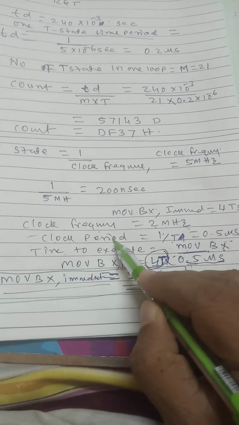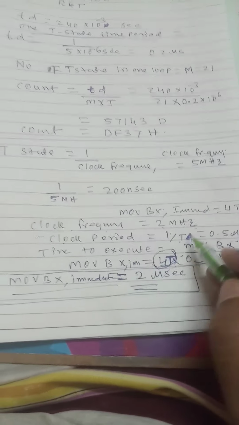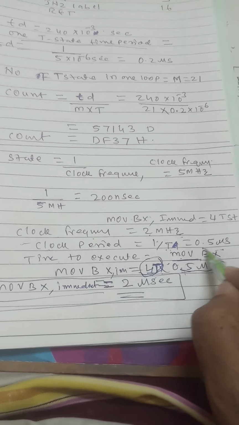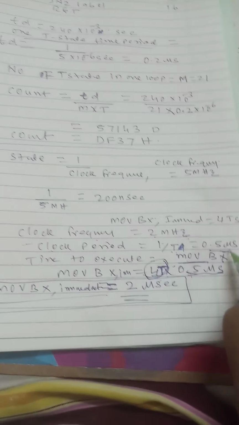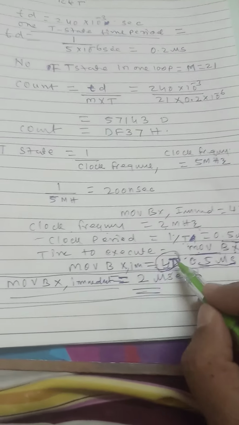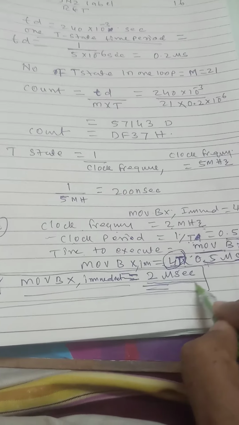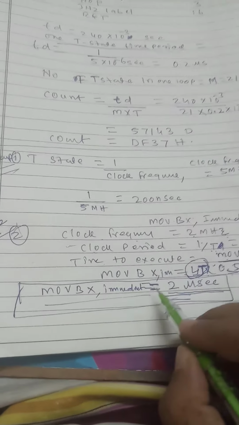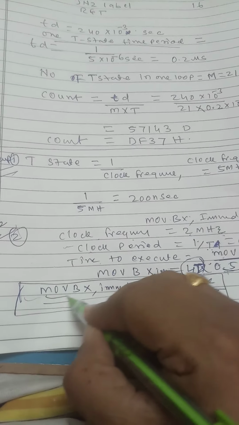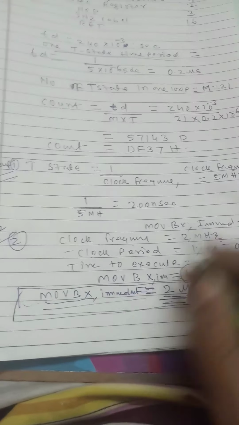The clock period is 1 by f, which gives 0.5 microsecond. So this 0.5 multiplied by the number of T states, how much will you get? 2 microseconds. So 2 microseconds is the time required to execute this instruction MOV BX comma immediate.